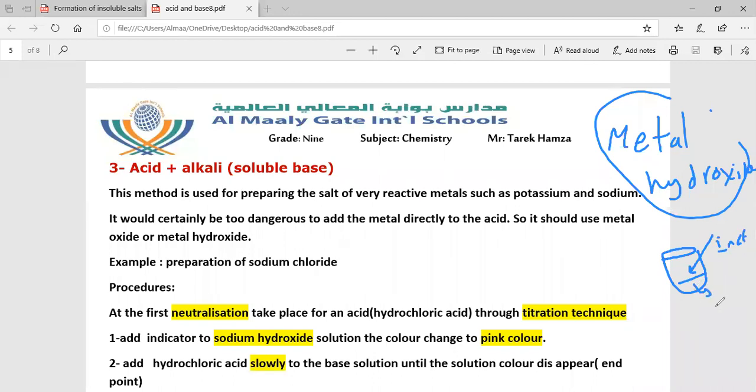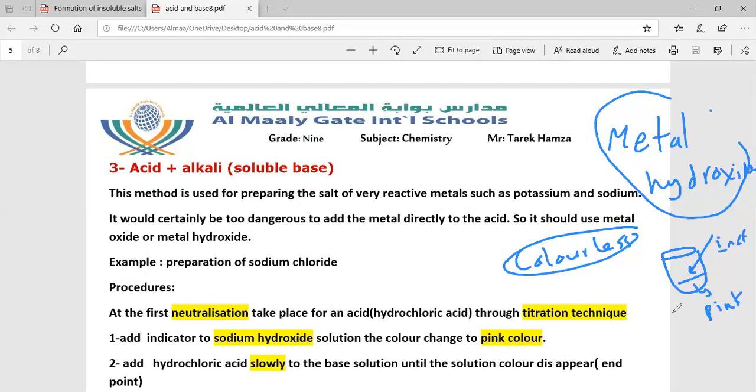It gives a pink color. Then add the acid drop by drop until the color of the hydroxide solution disappears and becomes colorless. Then repeat with the same volume of acid without indicator.